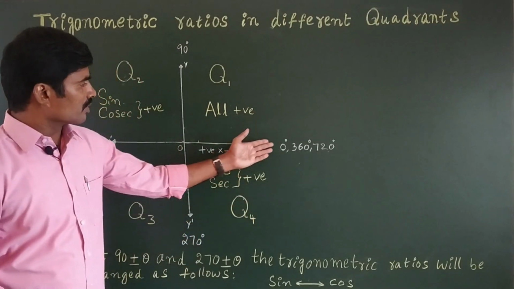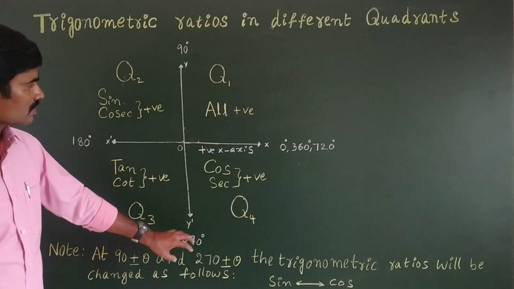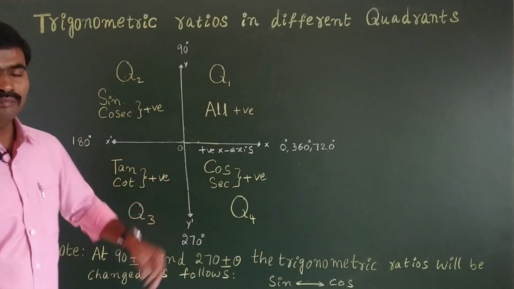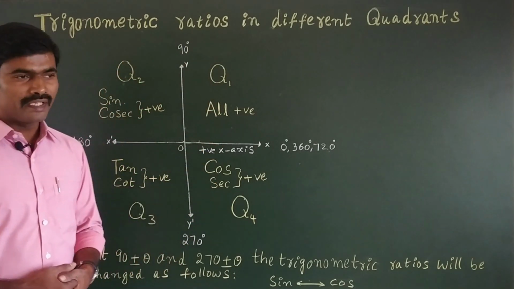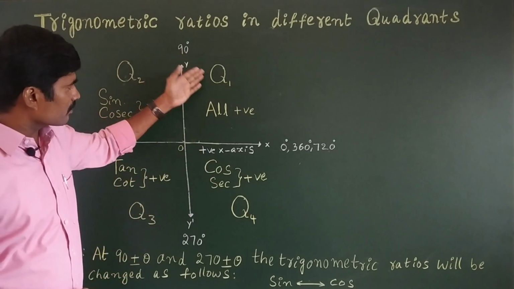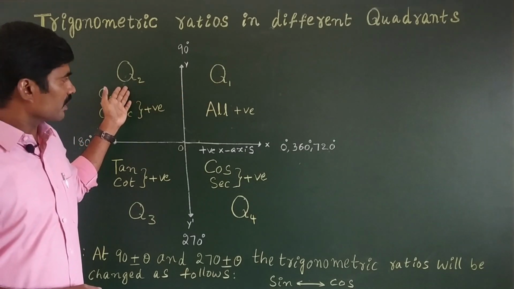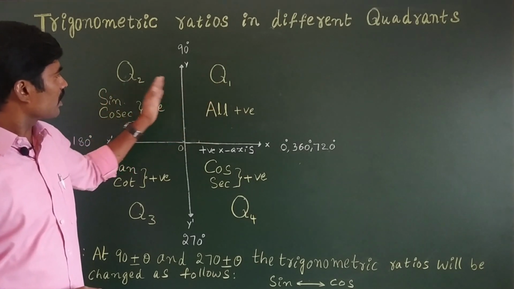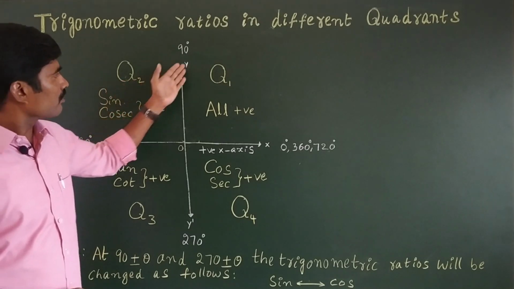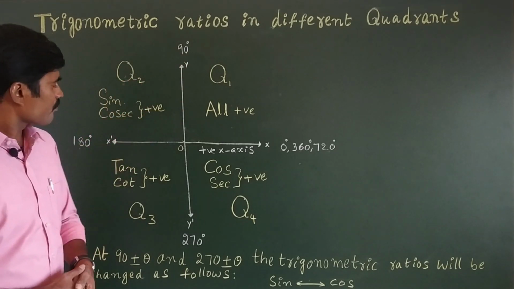Observe here 0 degrees, 90 degrees, 180 degrees, 270 degrees. These angles do not lie in any quadrant. For example, 90 degrees does not belong to Q1 and does not belong to Q2. Neither belongs to Q1 nor belongs to Q2. How can we find the values at 90 degrees or 180 degrees?